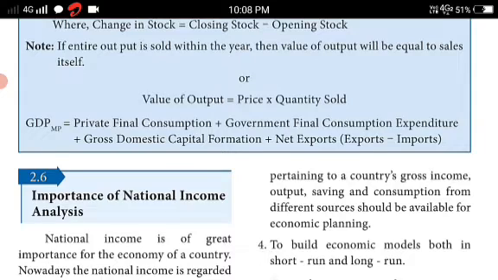Here note that if the entire output is sold within the year, then the value of output will be equal to sales itself, or value of output equals price into quantity sold, and we can find out the total output.